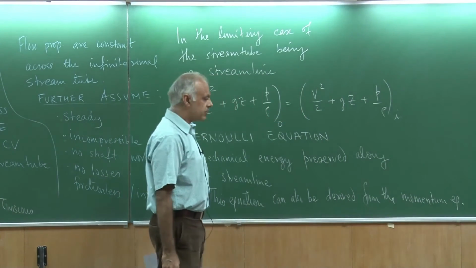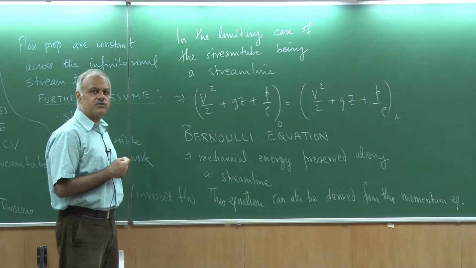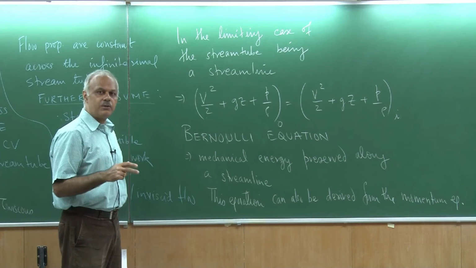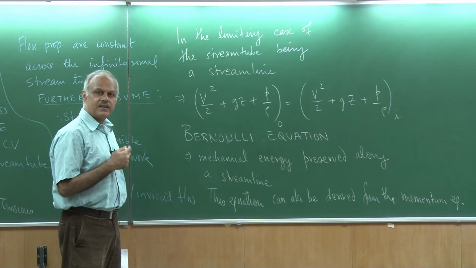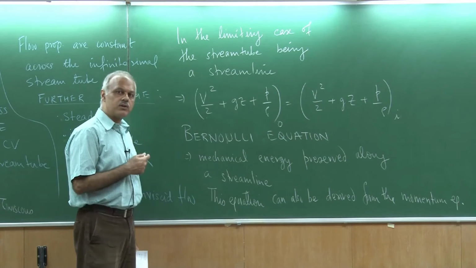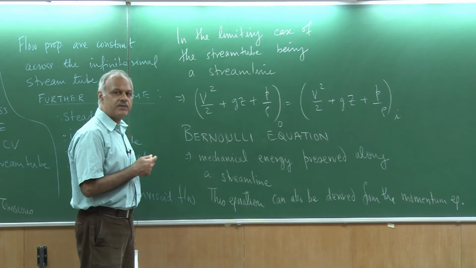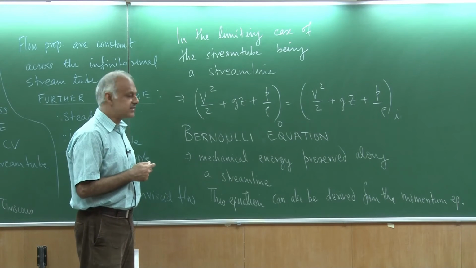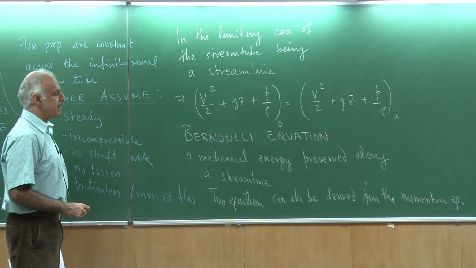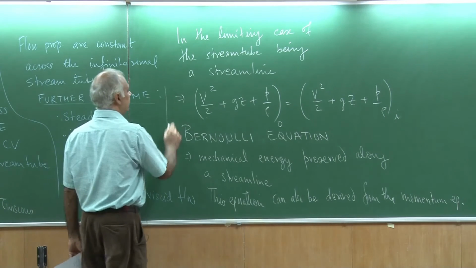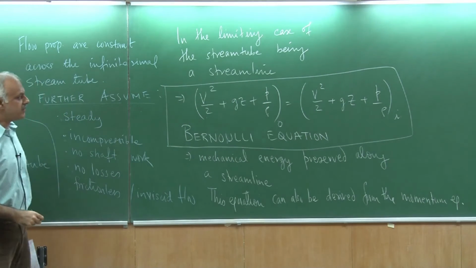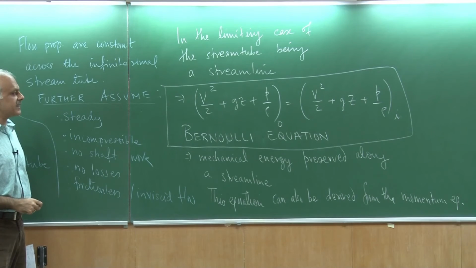I am not doing that for you here, but if you wanted to do that in 2 dimensions, you can write down the x momentum equation, you can write down the y momentum equation, and then by taking a combination of those for an inviscid flow without viscous terms, without the unsteady term, that means for a steady flow, you should be able to derive this back. So, this is therefore the simplified equation for an inviscid flow, which represents the mechanical energy balance.